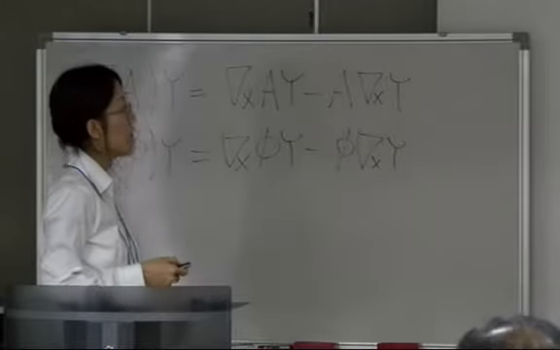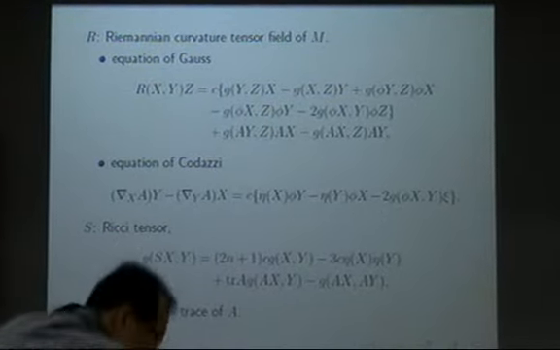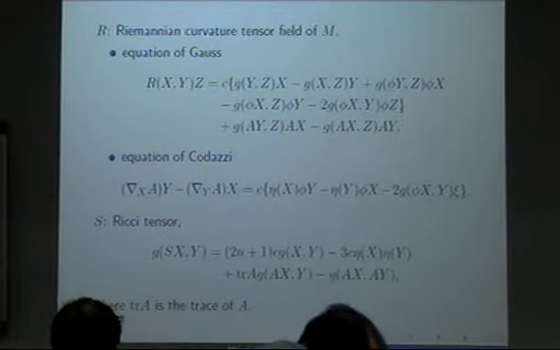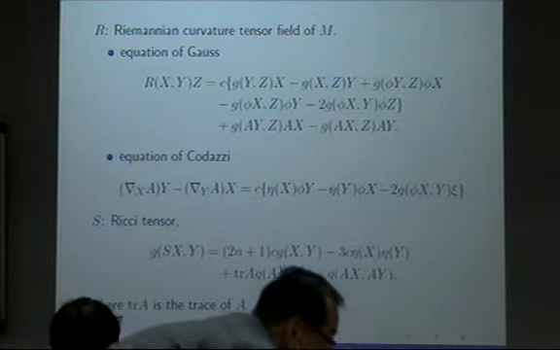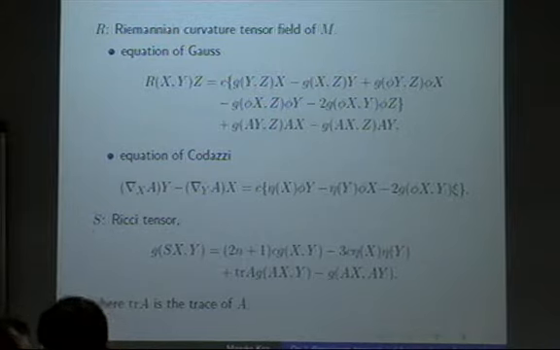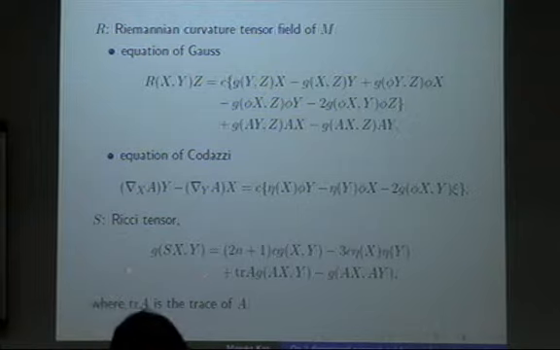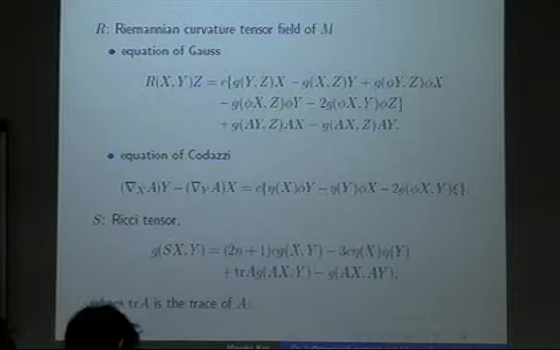Taking a trace of the Riemannian curvature tensor field, we have the Ricci tensor, and we denote it by S. Sometimes the Ricci tensor is considered a (2,0) tensor, but in this talk we use the (1,1) tensor S. And trace A means the trace of the shape operator.